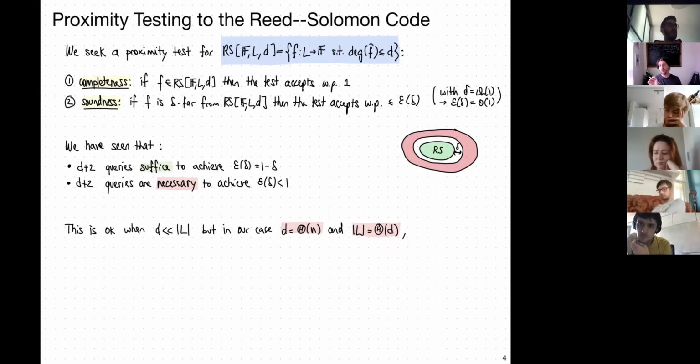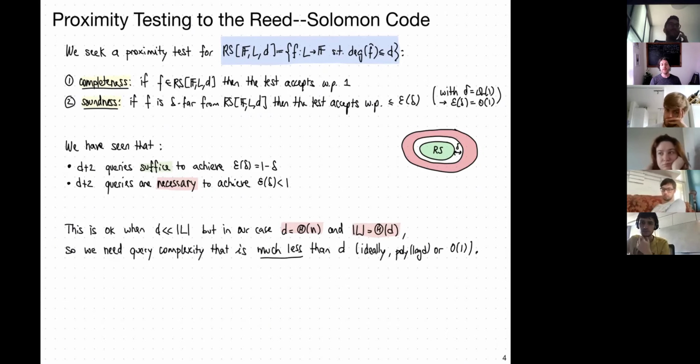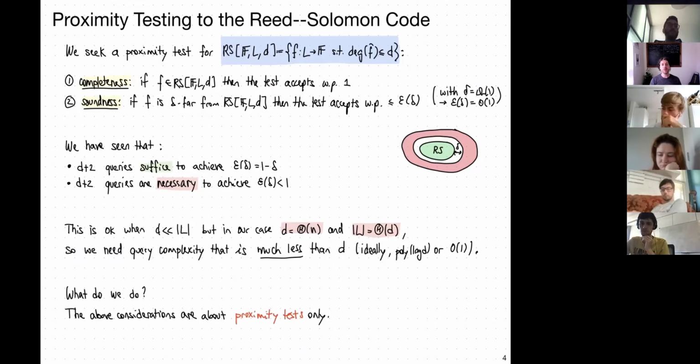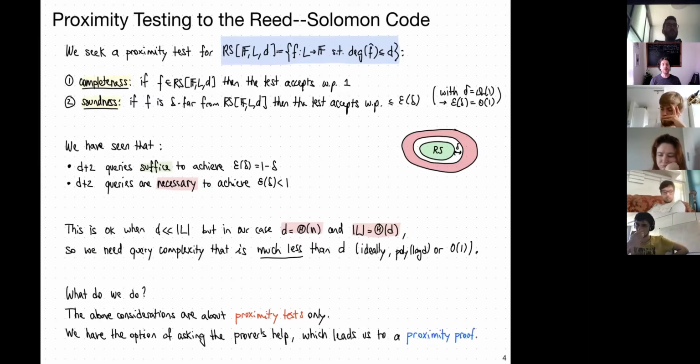But in our setting, when we want to be very tight and we don't want to incur redundancy, then we really need the query complexity to be much, much less than D, hopefully exponentially less than D. So what do we do? The answer would be to say, well, this is a limitation for classical property testing algorithms, but maybe we can augment the model with more power, and then we'll be able to do it.